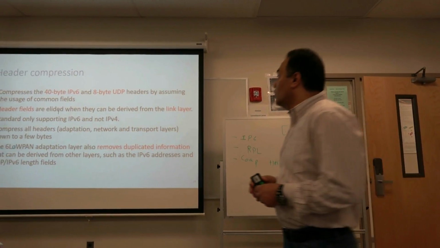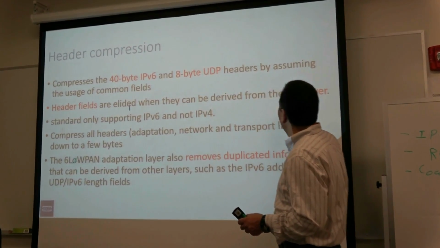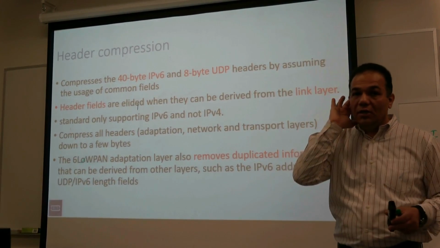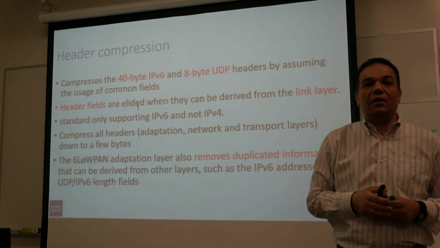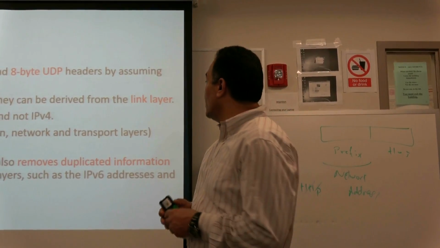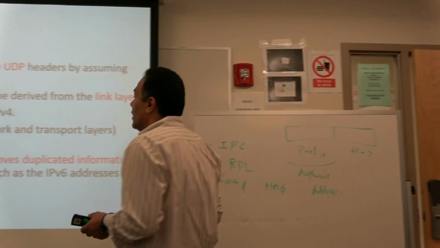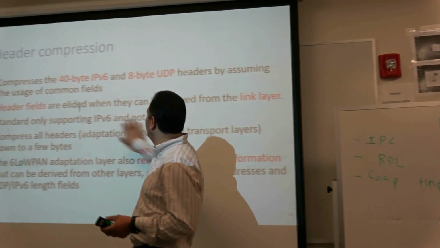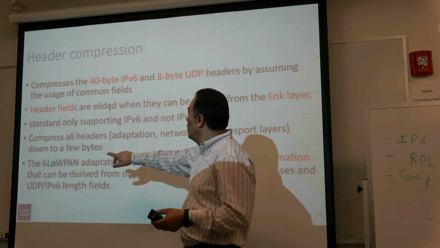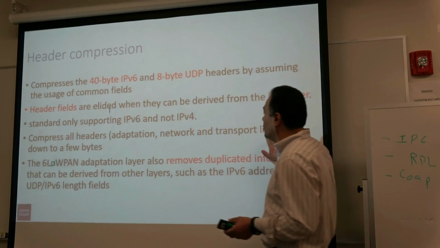All right. Header fields are elided when they can be derived from the link layer. There is some information that can be derived from the link layer. What is the link layer? It's the second layer. You're going to go down, right? If you can know it at the link layer, remove it. The standard only supports IPv6, not IPv4. Compress all headers: the adaptation, the network, the transport layer.